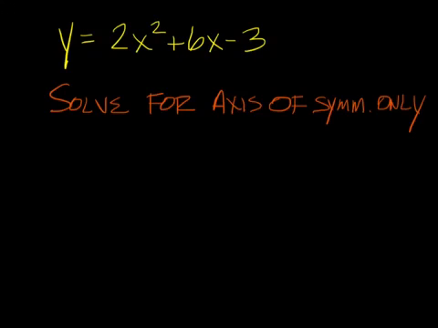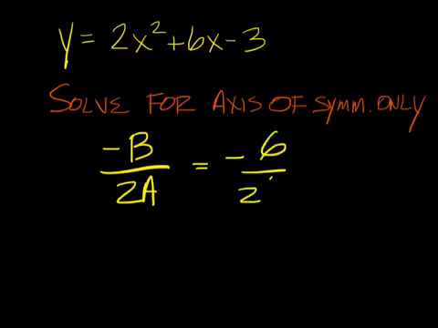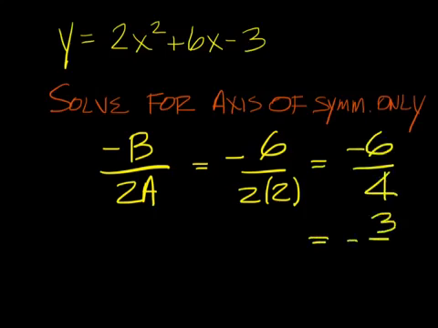This is the axis of symmetry, and you can just walk by with it. For the axis of symmetry, it is negative b over 2a. So that's a negative 6 over 2 times 2, which is a negative 6 over 4, but you must reduce it. So you could have a negative 3 halves, or you could have a negative 1.5.